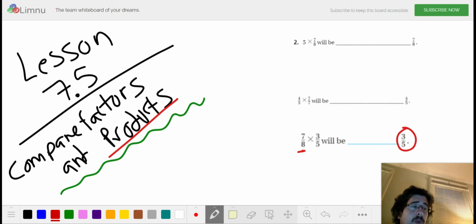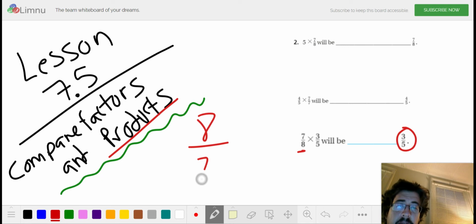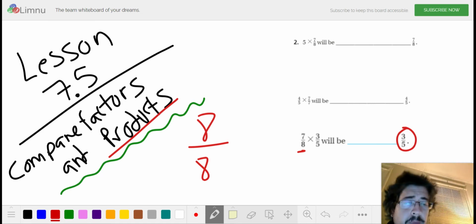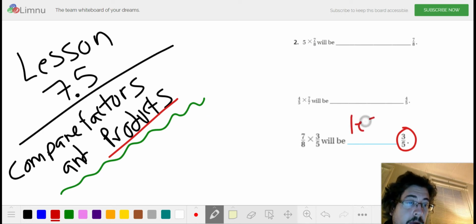If it's less than 1, it's going to be less than 3/5. Now, 7/8 is actually less than 1 whole because it takes 8/8 to make a whole. Sorry, that's a very bad looking 8. 7/8 is 1/8 smaller than 8/8. So in this case, the answer would be less than.